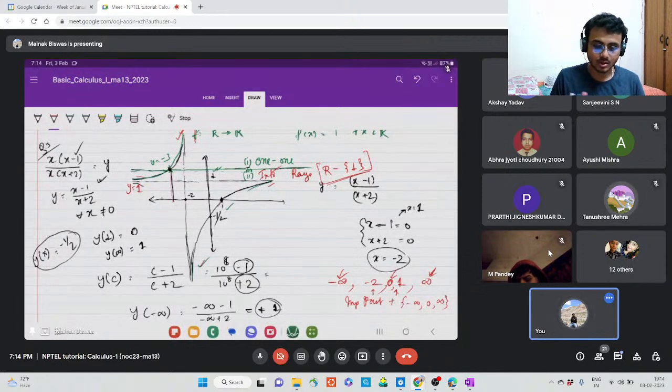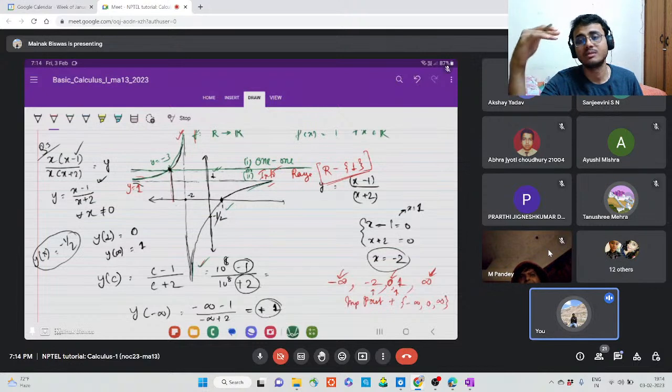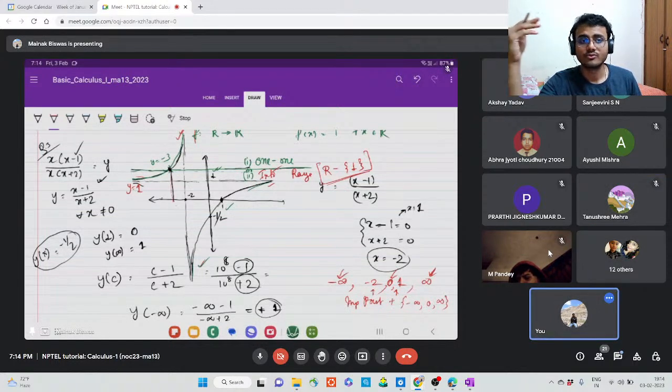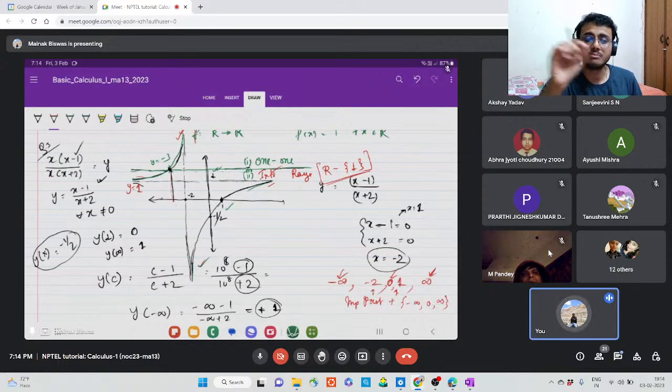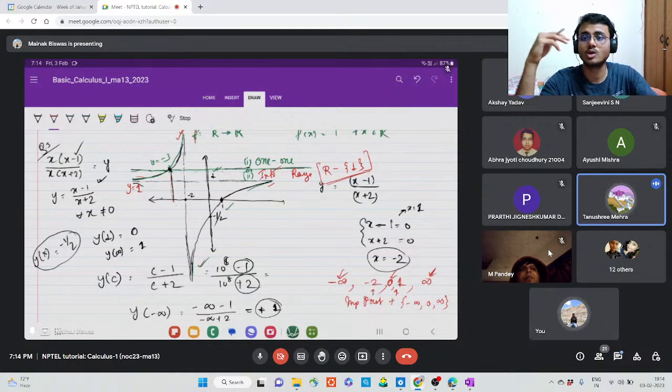And then I put values very close to minus 2. Whenever the number is in the denominator, you have a problem of division by 0, right? The function can blow up. So for any number very close to where the denominator is zero, this is also called the poles of the function. Poles meaning the points at which the function can blow up. That's why it's called the poles.